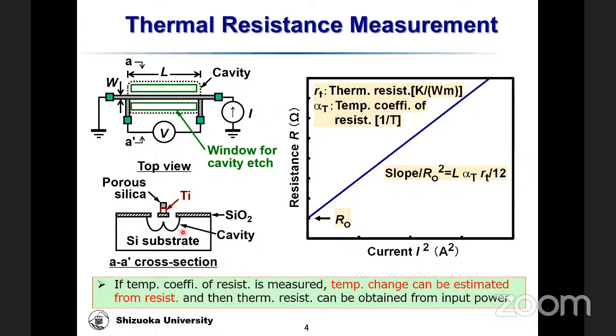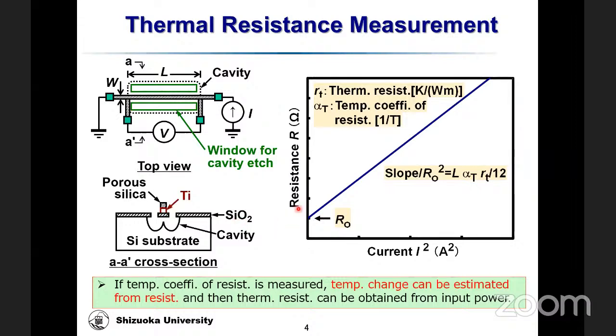And when we would like to analyze some material, we will put an analyte. In this case, porous silica is analyzed, and such analyte is attached on top of the metallic heater. In this case, titanium is used as a heater.